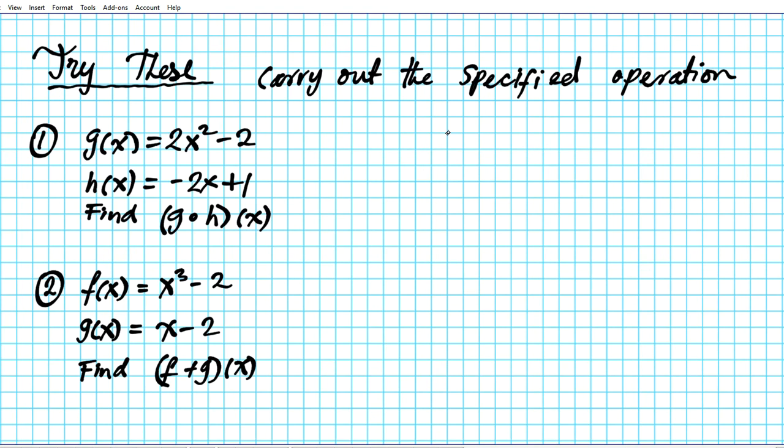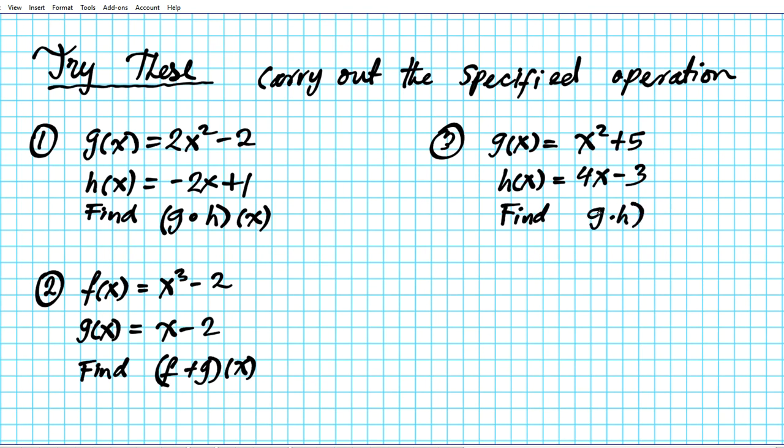Number 3, let's say you have g of x equals x squared plus 5, and h of x equals 4x minus 3. Let's write that again. And here, let's say you're to find g times h of x.